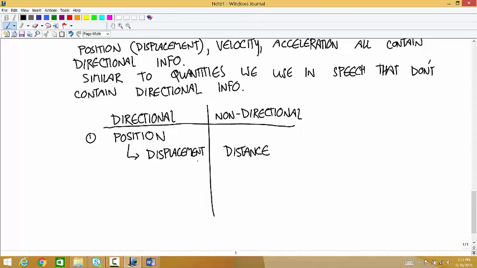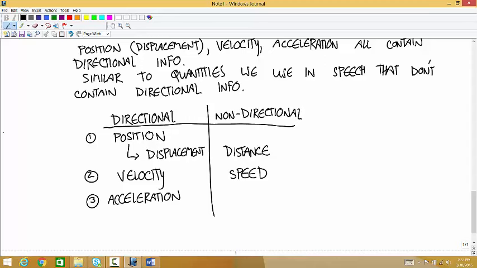So distance and displacement are the same thing, except displacement tells you something about direction too. The second one is velocity. That's a directional quantity. The non-directional quantity that's similar to velocity is speed. And the third one is acceleration. That's directional.